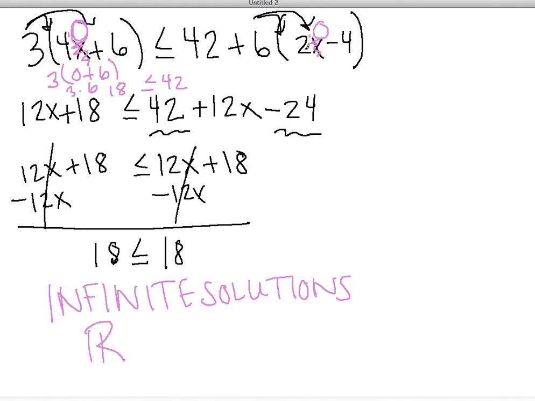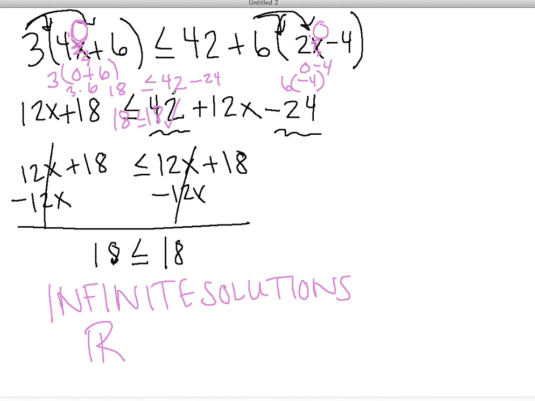And now 0 here, 2 times 0 is 0, minus 4. So 0 minus 4 is negative 4 times 6 gives us negative 24, so minus 24. We saw before that 42 minus 24 is 18, so we get that 18 is less than or equal to 18. Is that true? Yes, it is.